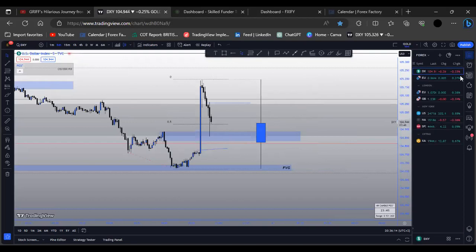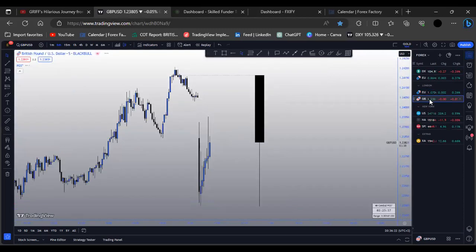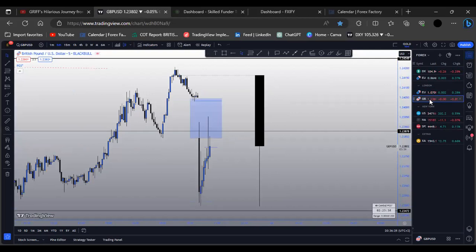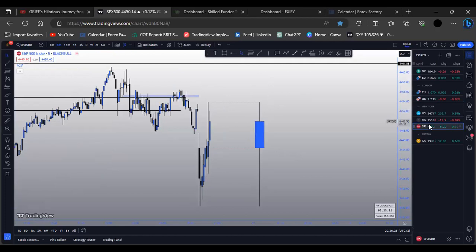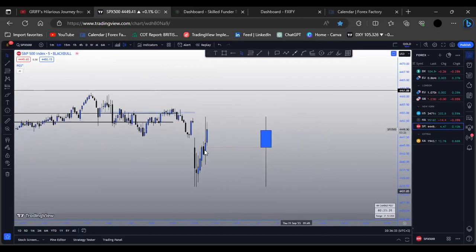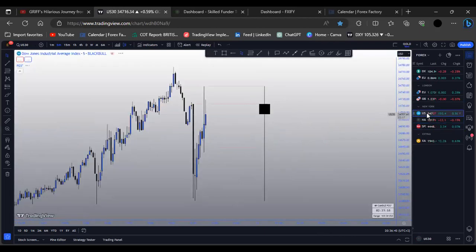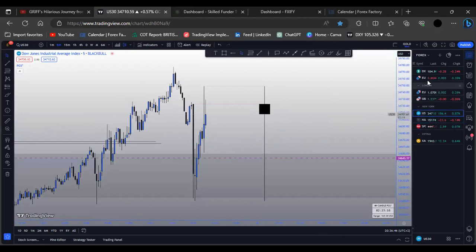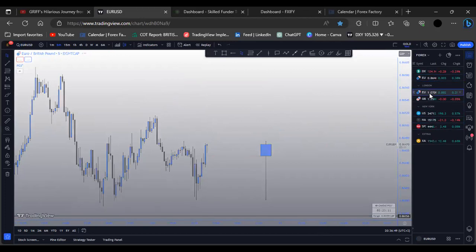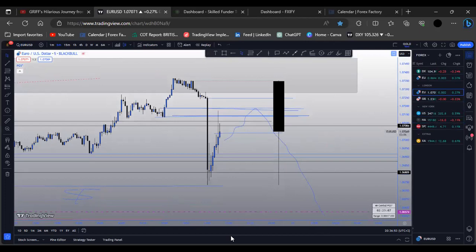Let's give it some time to do its thing, and we'll take it from there. They're looking bullish, looking like they're going to the upside. Yo, USD is just doing its own thing. Yeah, so let's just give it time, and then I'll continue with the replay.